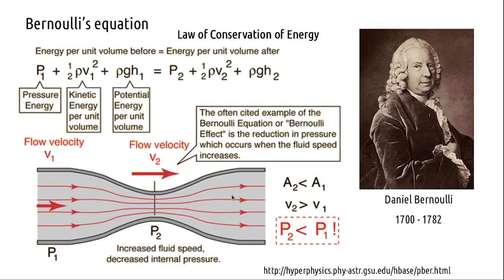But what Bernoulli's principle states is that when the fluid goes through this constriction, the fluid velocity V2 will be greater than V1, and consequently there will be a reduction in the pressure.